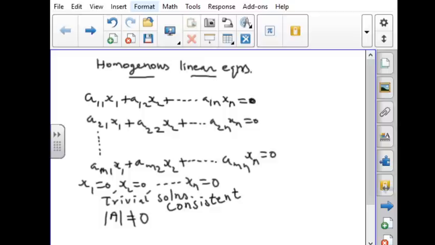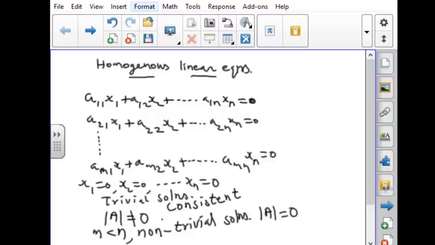In another case, when m is less than n, that is the number of equations is less than the number of unknowns, then we have non-trivial solutions, and in this case the determinant of A will be equal to 0.